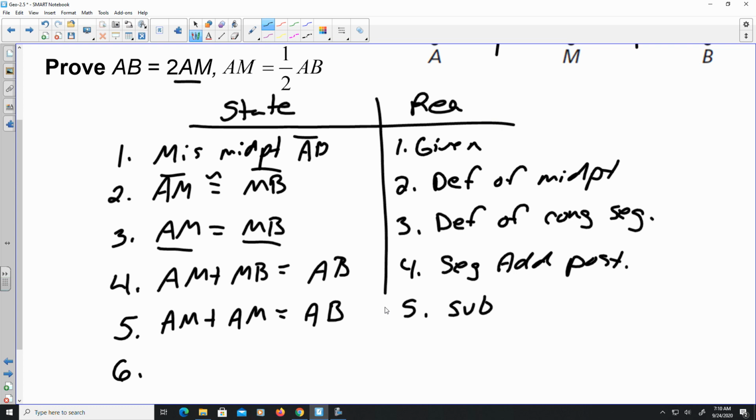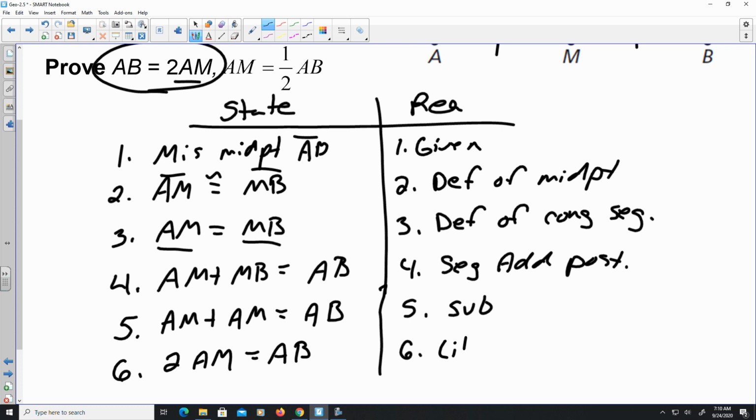And step 6 is, since I have AM plus AM, those are like variables, so now I can say this is 2AM is equal to AB. Well, that's what we have right here. In the book, they said distributive property, but you could also put combining like terms, I would say.